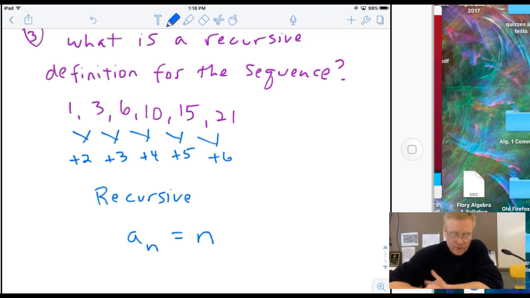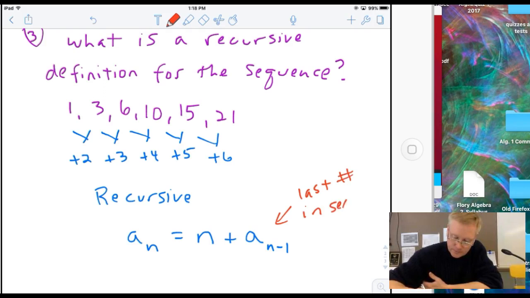So if I take n and I add the last number in the sequence, which would be a of n minus 1, and that's what we use in the recursive to represent the last number in the sequence.